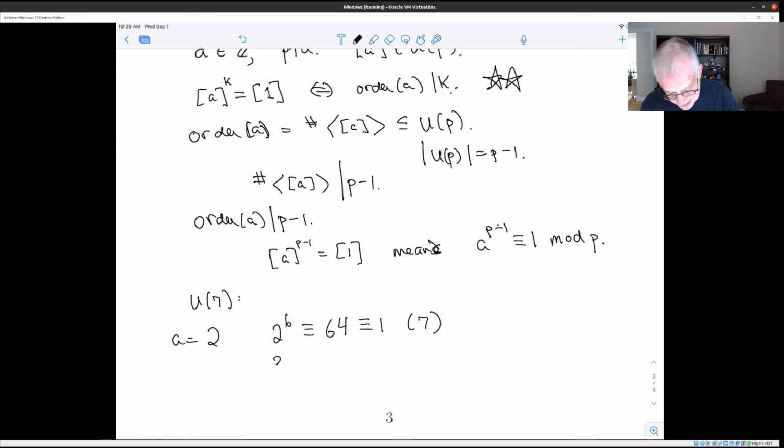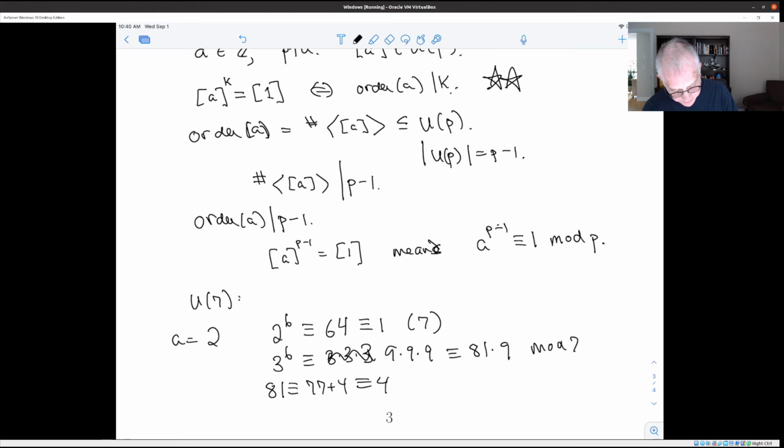And 3 to the 6th, there are various ways of computing this. It's 3 times 3 times 3, sorry, 9 times 9 times 9, or 81 times 9 mod 7. Now, 81 is 77 plus 4, so it's congruent to 4 mod 7.